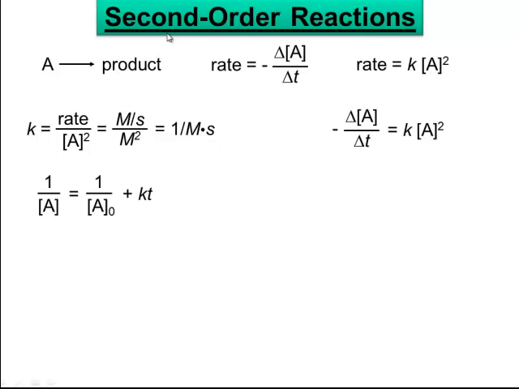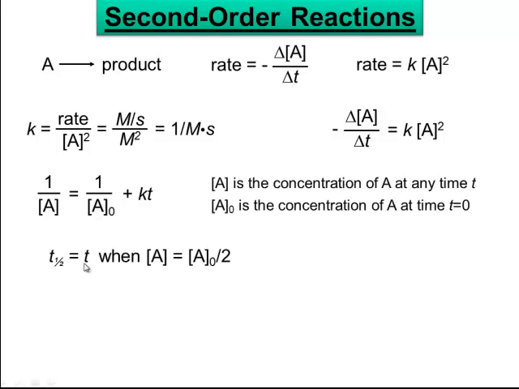Now in such a case where there is only one reactant, or the initial concentration of both the reactants is the same, the rate law expression can be modified as shown, where A is the concentration of A at any instance of time and A0 is the concentration at 0 time.